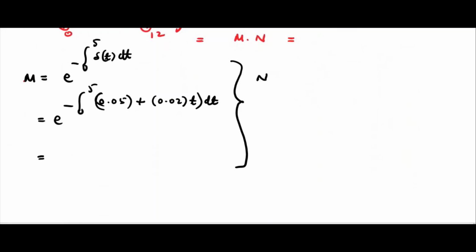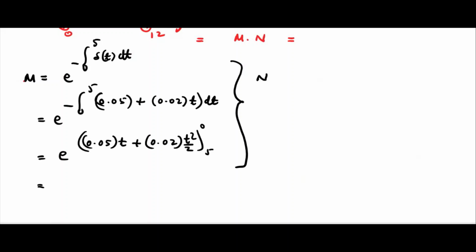If you integrate this one, you get 0.05t plus 0.02 t square upon 2, with the minus sign. So changing the limits, you put 0 here, this will be 0.